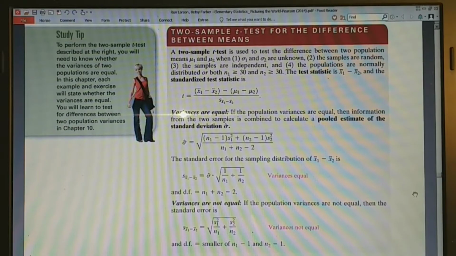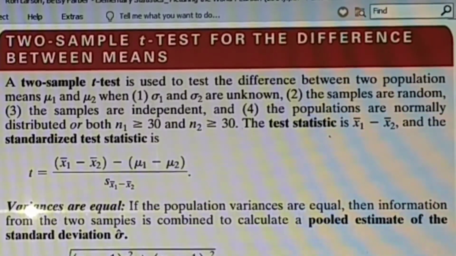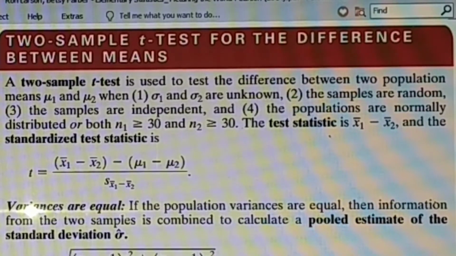A two-sample t-test is used to test the difference between two population means, mu1 and mu2, when one, sigma 1 and sigma 2 are unknown, two, the samples are random, three, the samples are independent, and four, the populations are normally distributed or both n sub 1 is greater than or equal to 30 and n sub 2 is greater than or equal to 30.